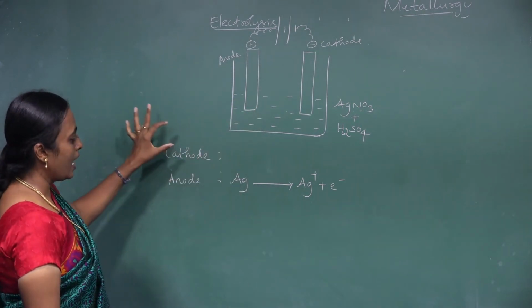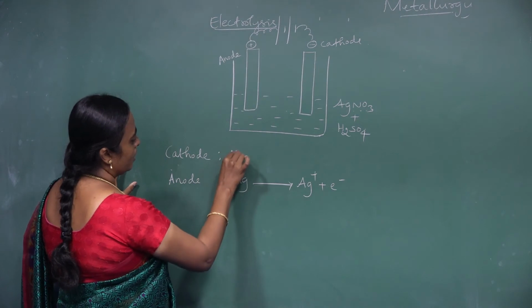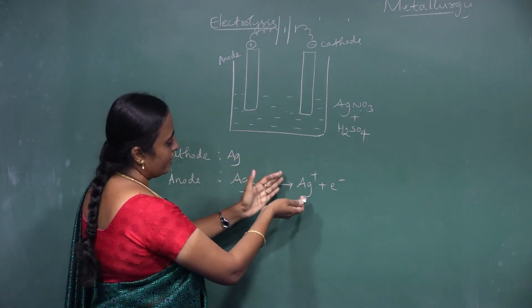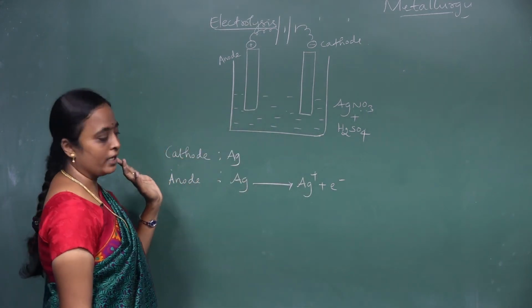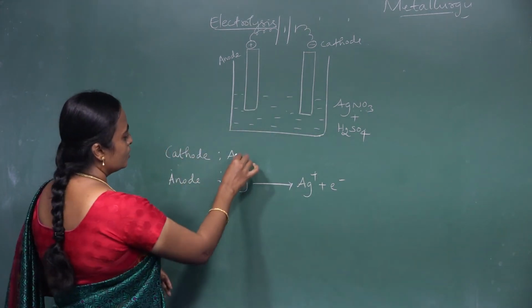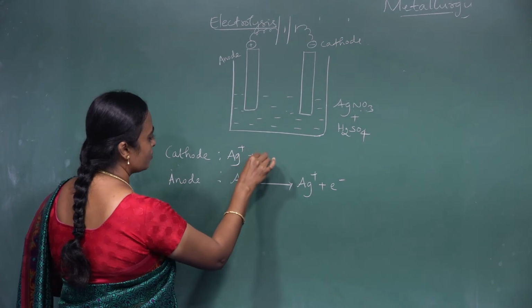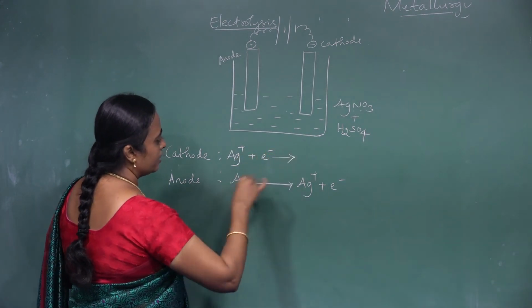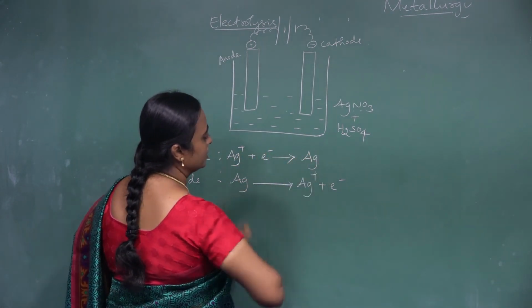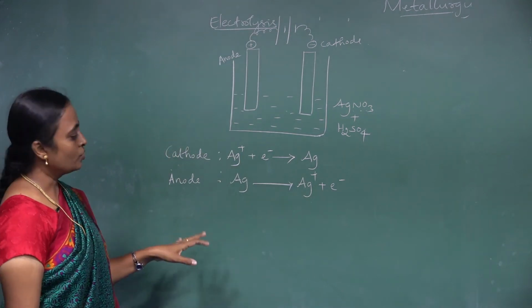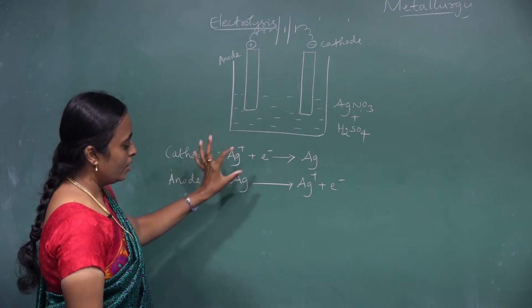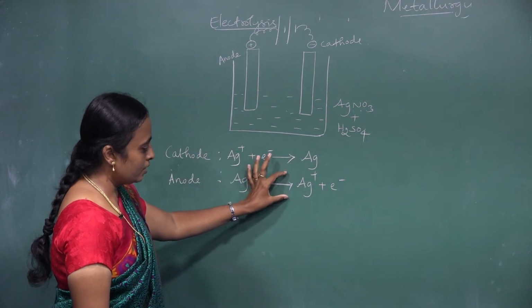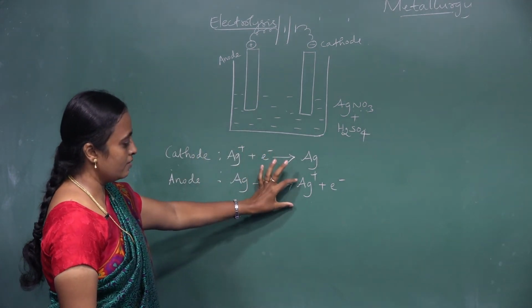Now what happened at the cathode? At the cathode, the silver ion is deposited on the cathode by gaining an electron. So the silver ion gains one electron and is converted into silver. There are two processes. At the anode there is removal of an electron, by which we get a silver cation, a silver ion.